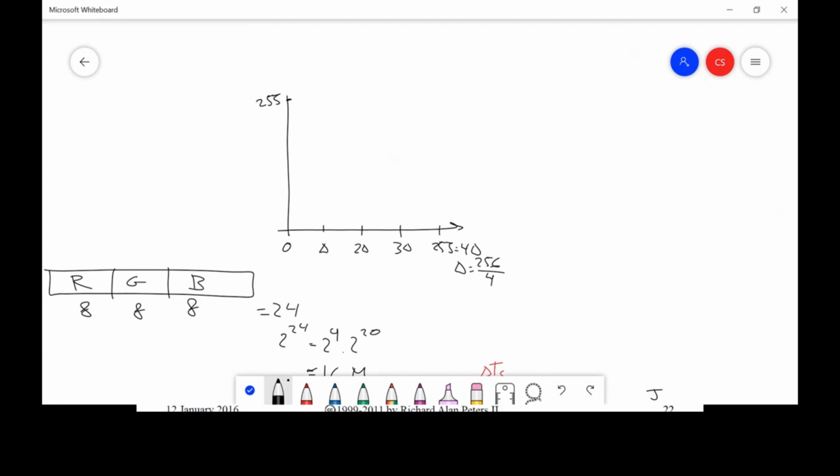And then my transfer function will be something like this. But it still goes to 255. I have to cover the 10 meters, I have to cover the 255 intensities, but now my delta will be bigger.